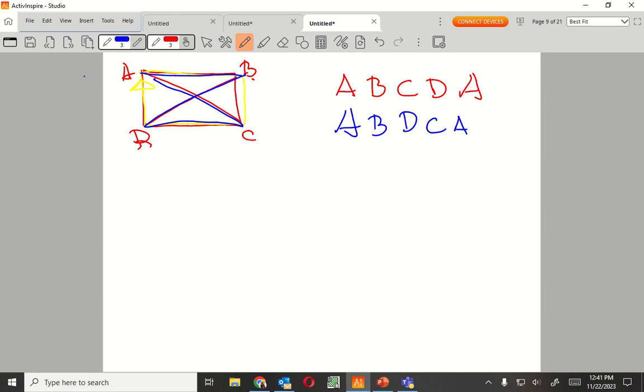Now I'm going to change it up again. So instead of doing AB, let's go AC and see what combinations I have. So if I go AC, what's the combinations I would have? I can go to B, D, then A. But now let's do another one for going AC.